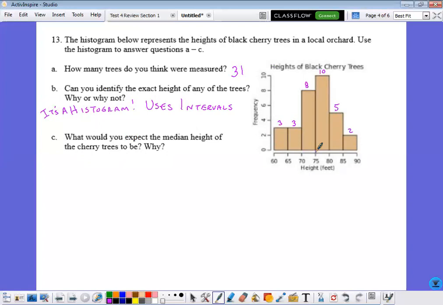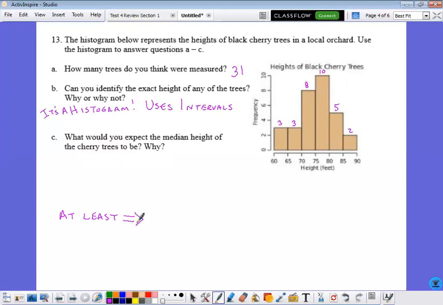So some other questions you might see from this would be, how many trees are taller than 75 feet? And so in that case, you would have to add those sections that would represent taller than 75 feet. Remember, there was an issue that everybody had with this, that word at least. I'm just going to write this down also to give you a little clue with something. Everybody was struggling with this word, at least.